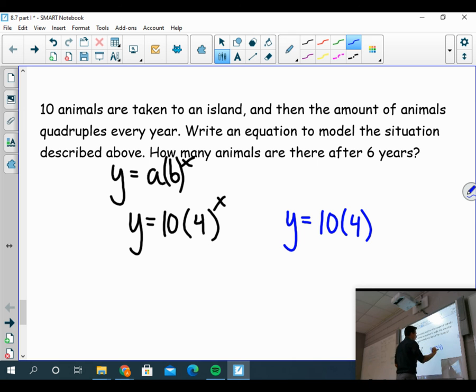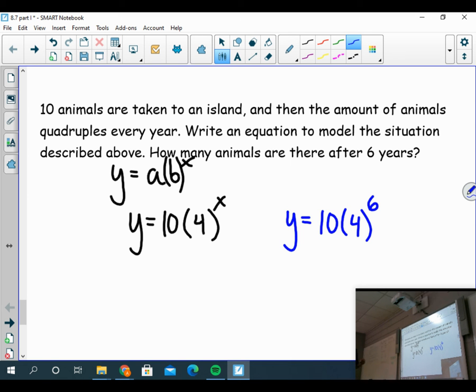Well, you started with 10, you're quadrupling. Now we have to ask how many times did we quadruple in that 6-year time frame? Well, it's quadrupling every year. There are 6 years, so your rate of change will happen 6 times.